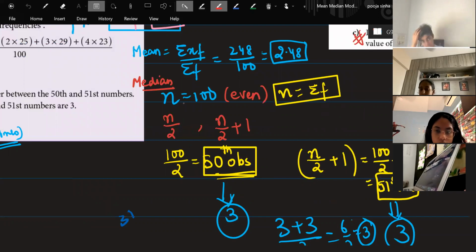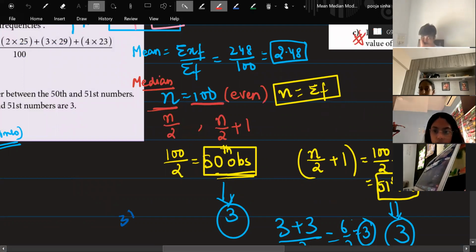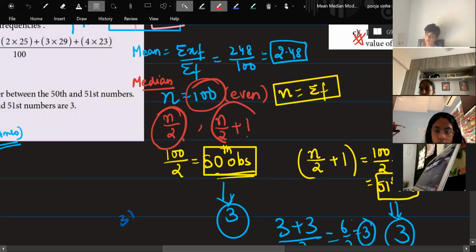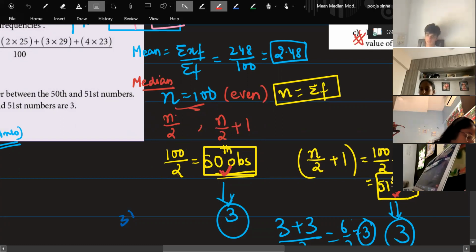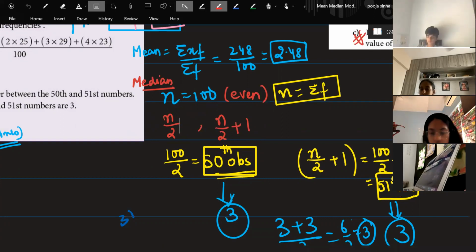What if the n is 100? That means it's an even number, right? Yeah. So when it is an even number, what do we do? We do n by 2, whatever n you had, by 2, and n by 2 plus 1. So you get n by 2, that is for this particular question that we had done last time, 50th observation and 51st observation. And then you go to that, figure out what is the 50th one, 51st one, take an average of that.